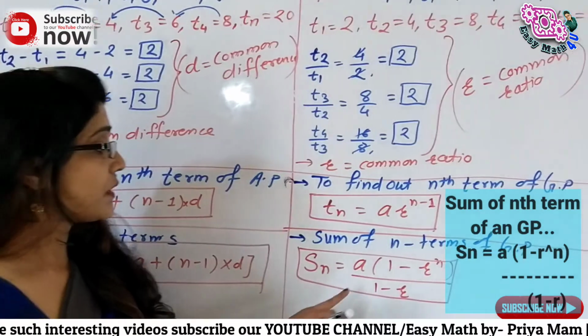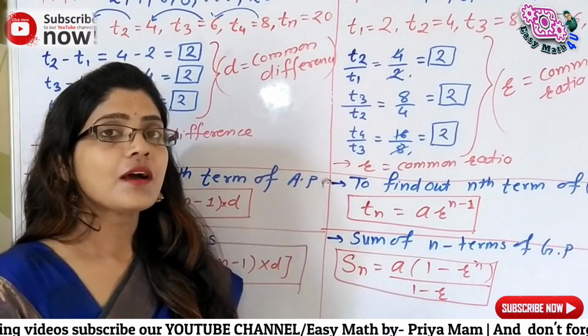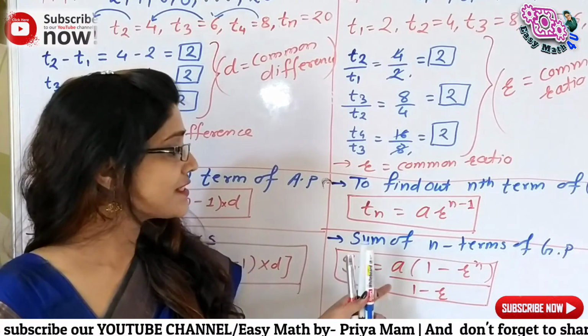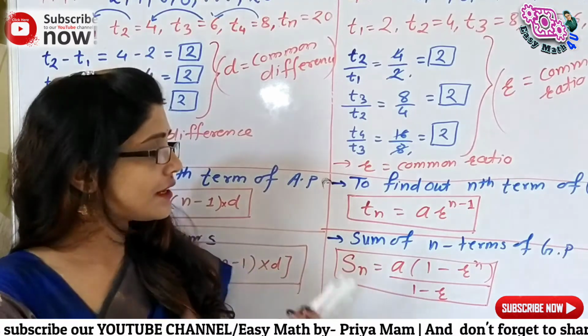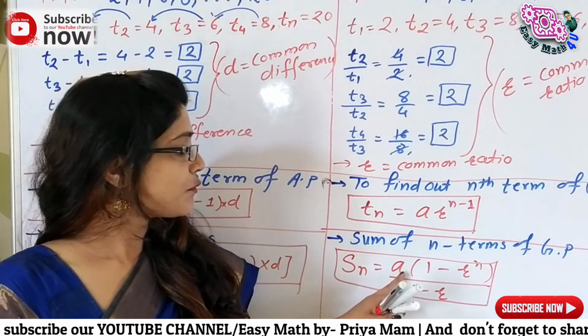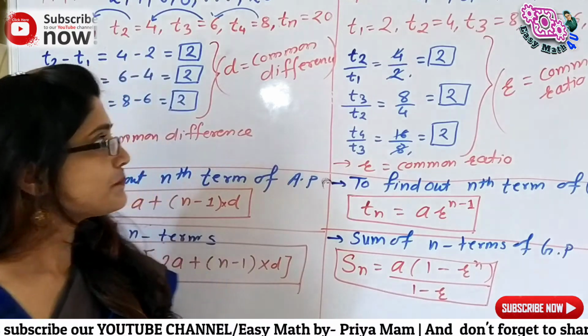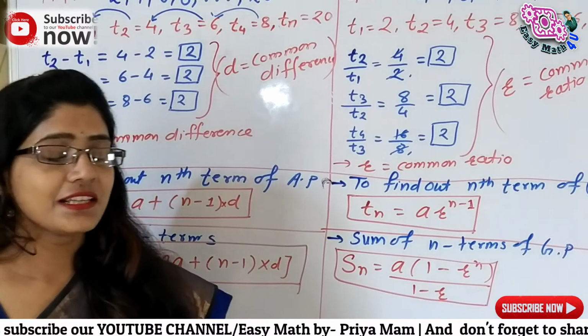For the common ratio, whether it is equal to 1, greater than 1 or less than 1, the sum formulas are different, we will see that. So S of n is equal to A (1 minus r raised to n) by 1 minus r. So this is the difference between T of n and S of n.